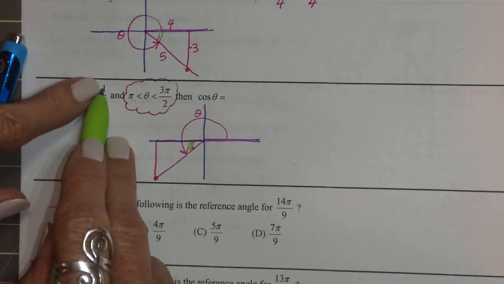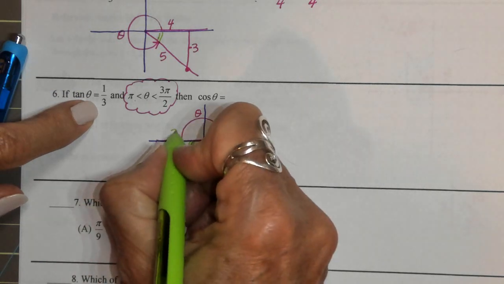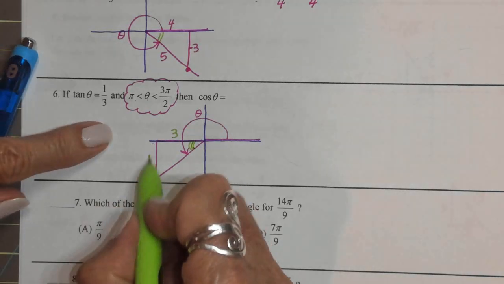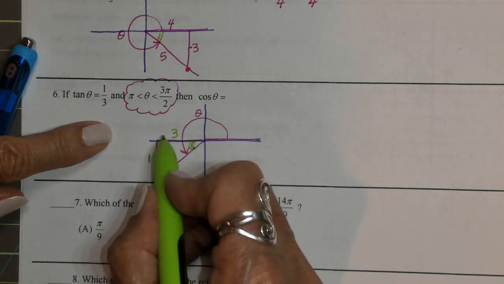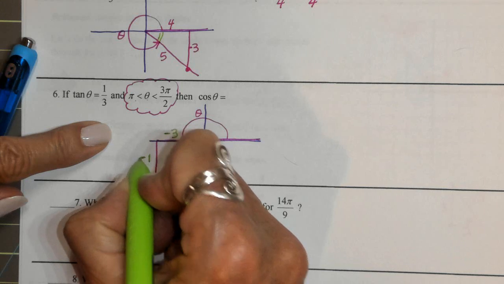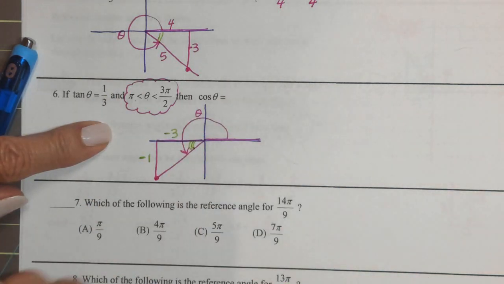Tangent is opposite over adjacent, 1 and 3, right? But the 1 is below the x-axis, the 3 is to the left of the y-axis. So if you want to, you can give these both negatives here, or you can wait and apply your sign at the end.